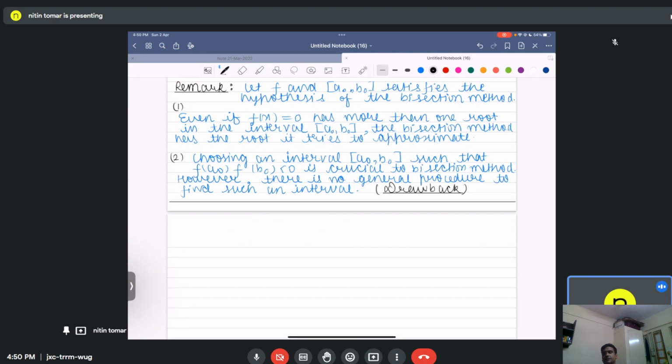But this is not always possible. The function can be very ugly, which makes it more challenging to find such an interval. But there are other methods called the secant method and the Newton-Raphson method, which overcome this difficulty, and they are called open domain methods. This bisection method is known as a closed domain method because you need a closed interval to start with. So we'll see the Newton-Raphson method, the secant method, their drawbacks, hypothesis and conclusion in the next session.